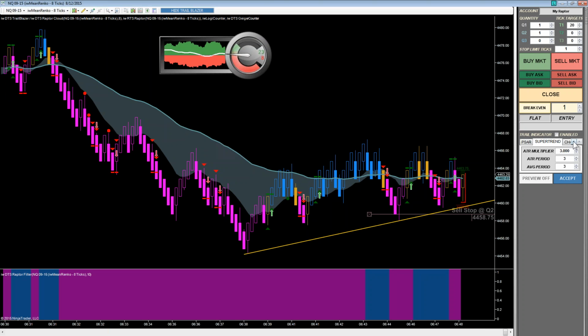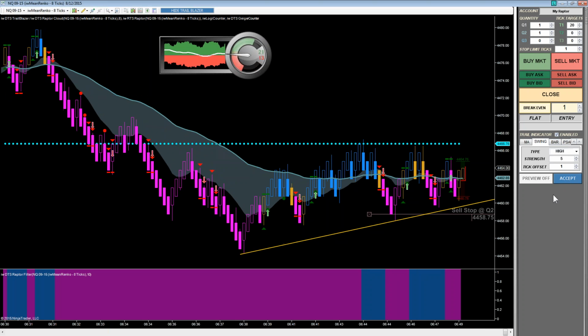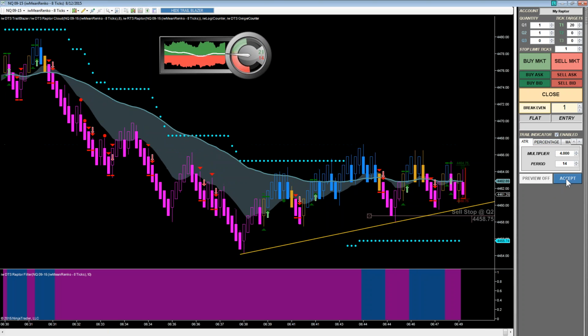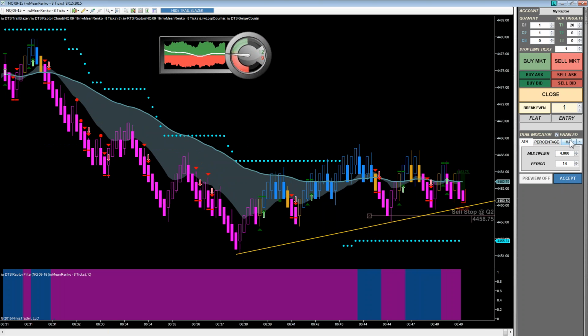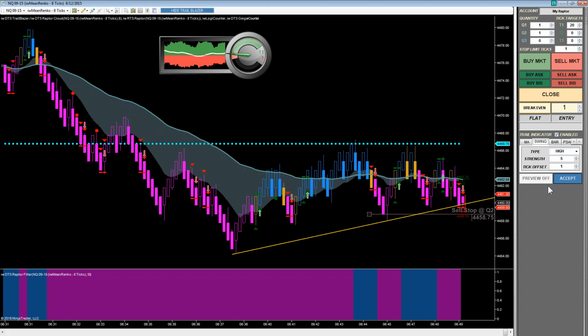And I'll get my stop strategy ready. Or maybe I'll give myself a little bit more room. Oh, it's on the wrong side. Okay, we'll stay with the swing to start.